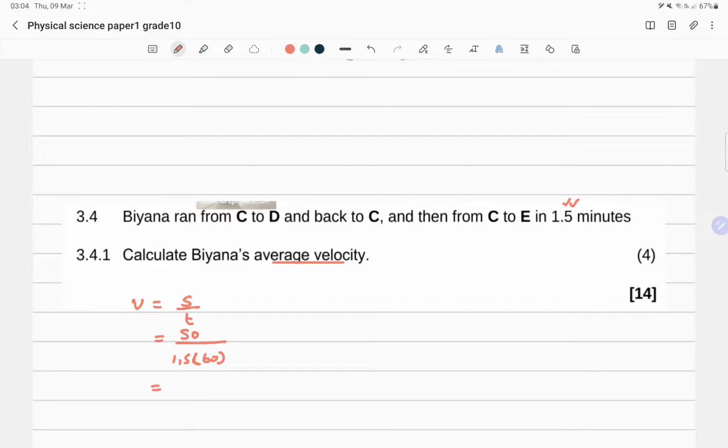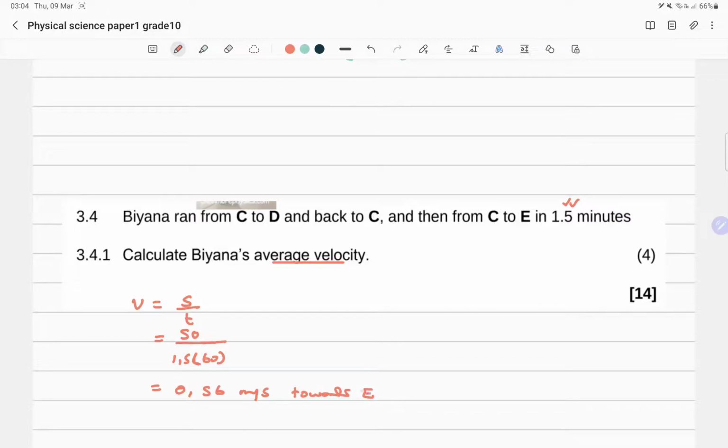Okay, so we got 50 divided by 1.5 times 60 seconds. So this gives us 0.56 meters per second to 2 decimal places.